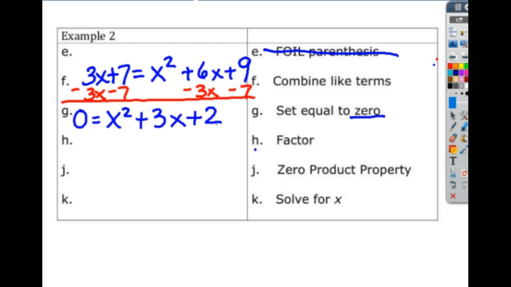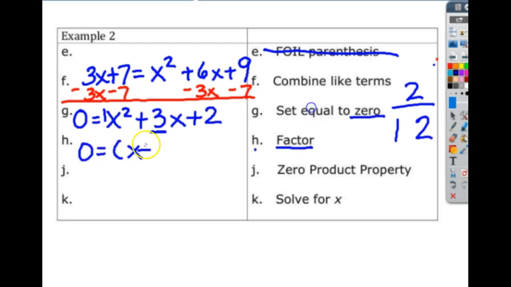In order to factor, you multiply the first number times the last number, and you write down the factors of 2. There's not a lot of factors of 2. Will those factors add up to equal the 3 right here? So because this is a 1, I can use the shortcut factoring: x plus 1, x plus 2.